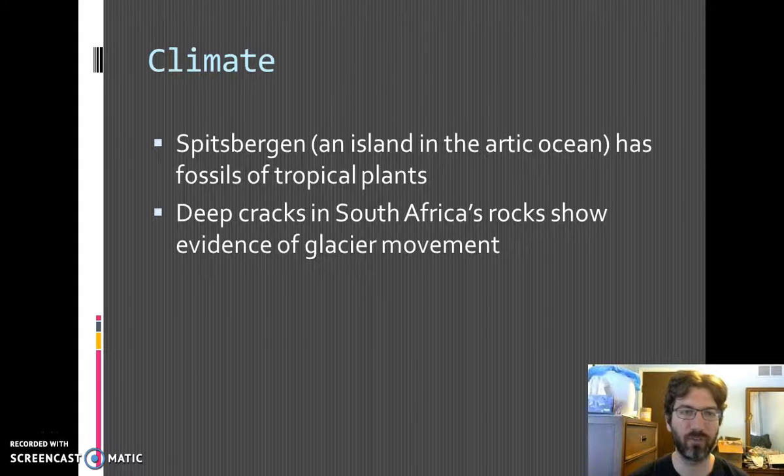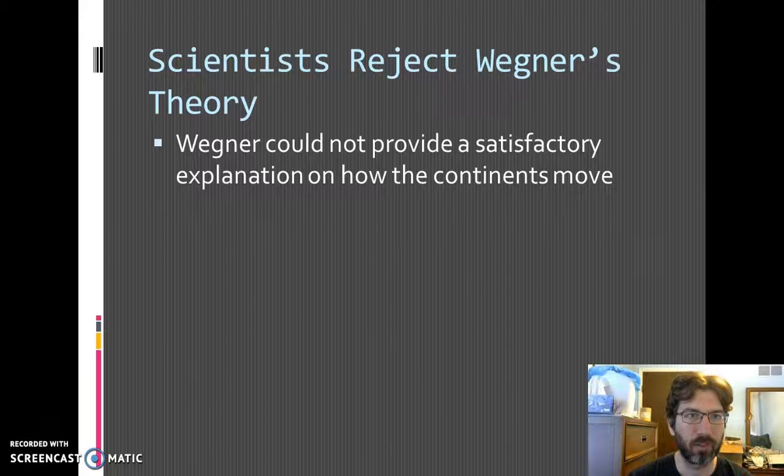He also looked at deep cracks in South Africa's rocks that show evidence of glacier movement. Again, South Africa is nowhere near where glaciers should be, but if it was moved somewhere else, it very well could have been.